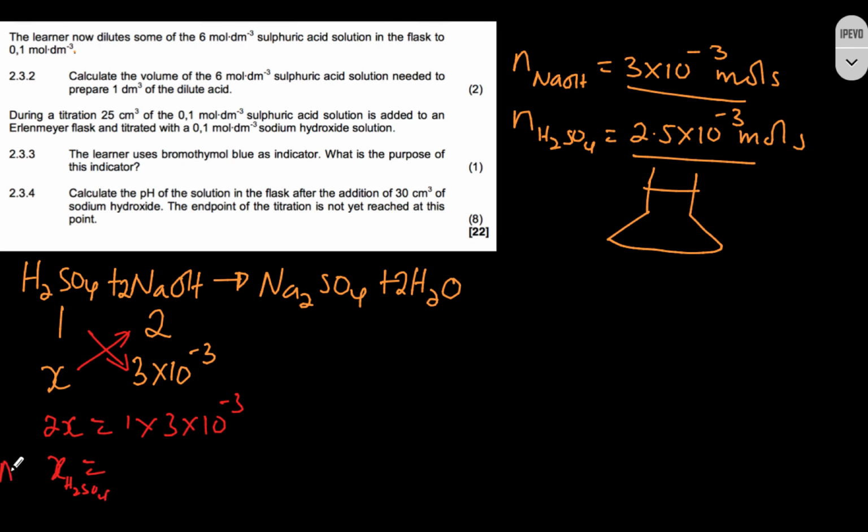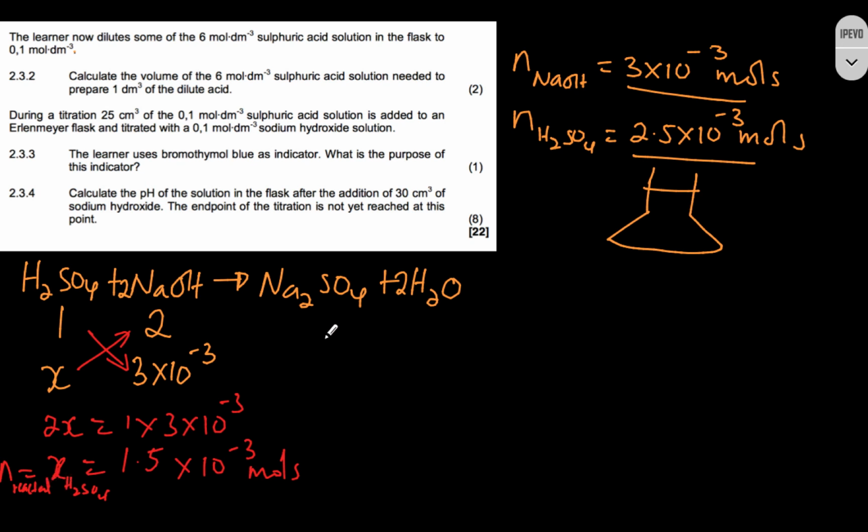So the number of moles of sulfuric acid that reacted is 1.5 times 10 to the power of negative 3 moles.